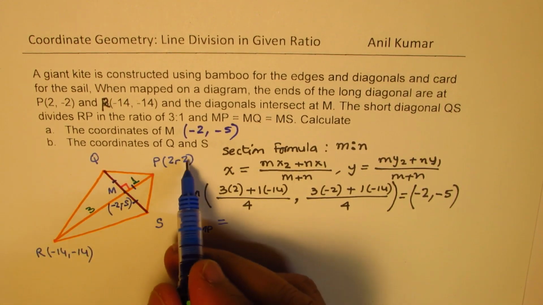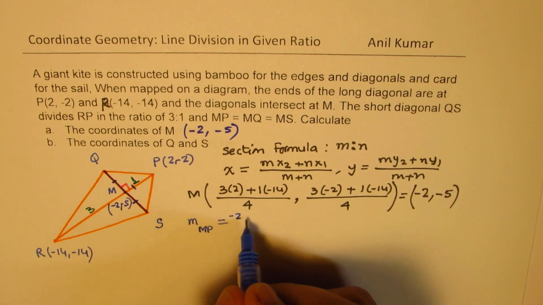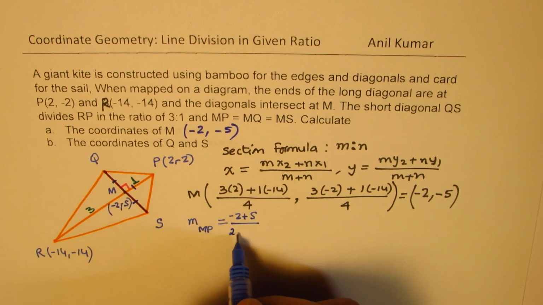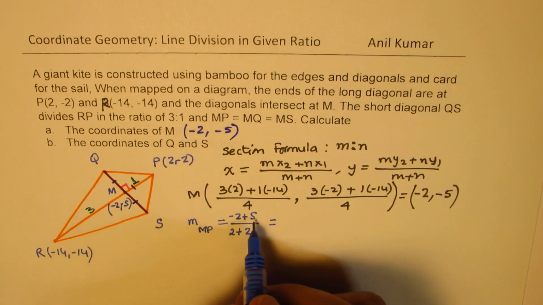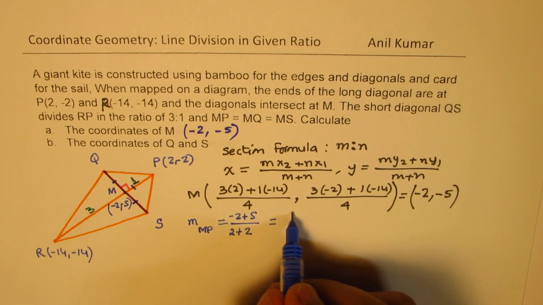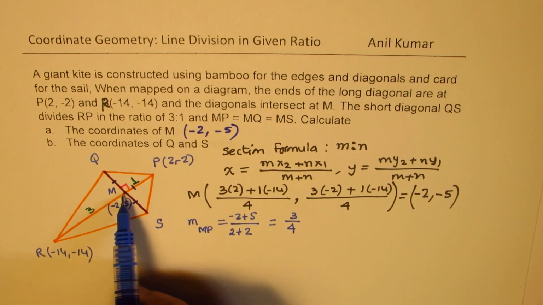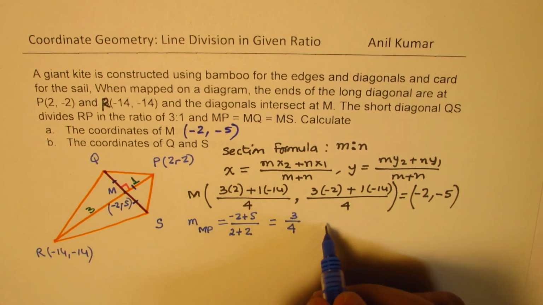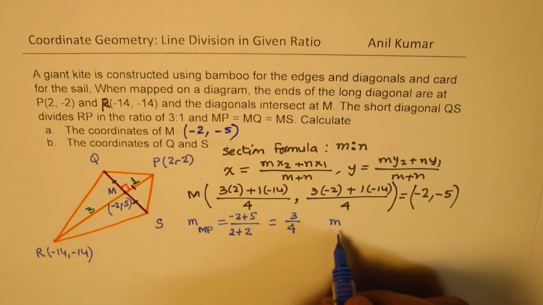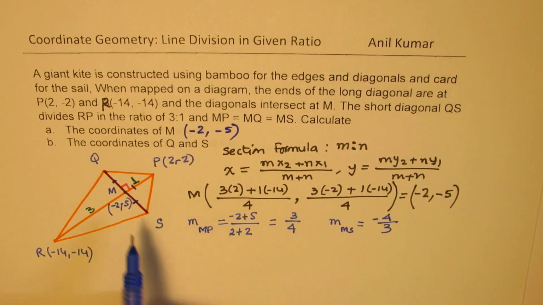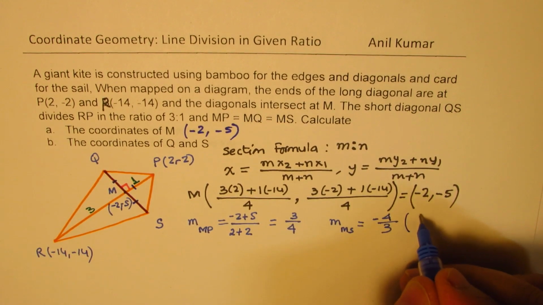So change in y is minus 2, minus of minus 5 gives me plus 5, over 2 minus minus 2 makes it plus 2, correct? So that gives you 5 minus 2 is 3 and 2 plus 2 is 4. So slope of MP is this. Slope of MS will be what? Negative reciprocal, right? Minus 4 over 3. Does it make sense to you? Because it is perpendicular lines.